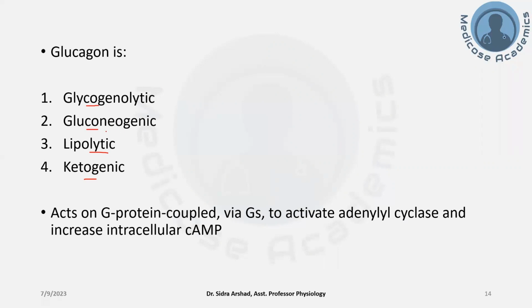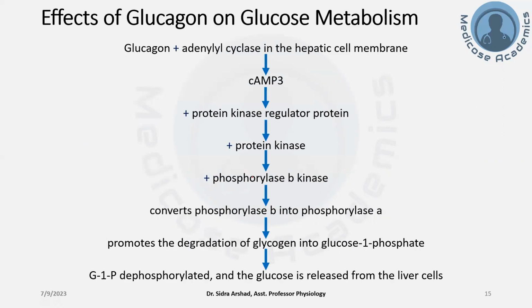It also makes available fats for energy utilization, that is, it is lipolytic, and ketogenic, that is, it increases the formation of ketones, which can be used as an energy source. Glucagon acts on its receptors, which are G protein linked receptors, especially stimulatory G protein linked receptors, and it mediates its action by increasing the cyclic AMP levels inside of the cells.